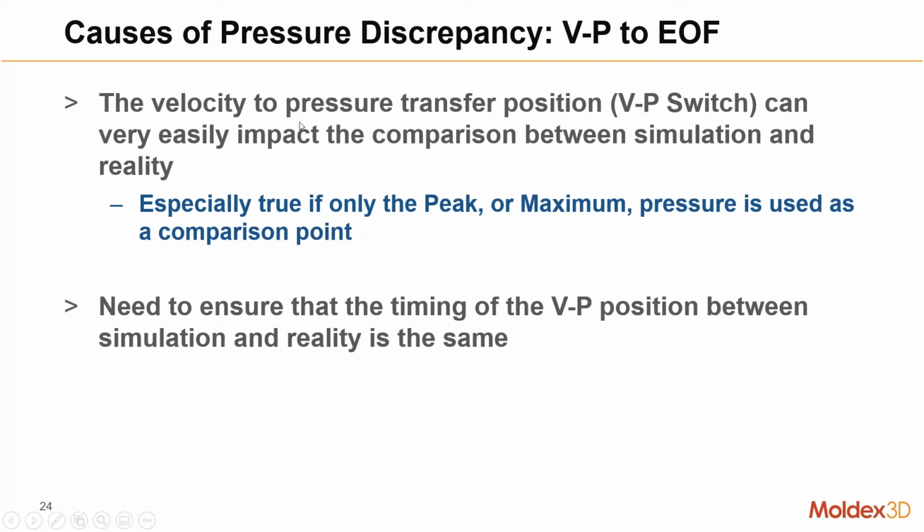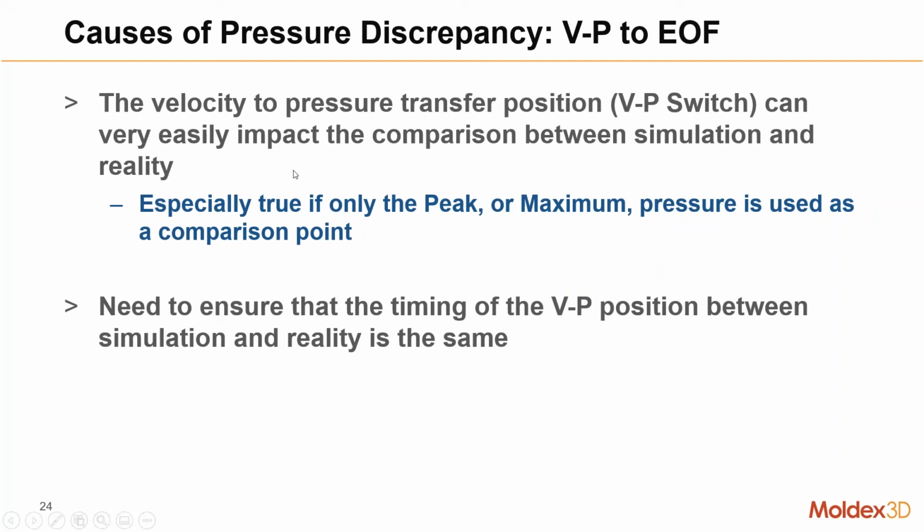So we're basically switching from filling to packing maybe like 4 or 5% volume percent sooner than when the material gets to the end of fill. And this is just to give our machine a little bit of a transition time so that we're not trying to switch immediately when we get to the packing stage.